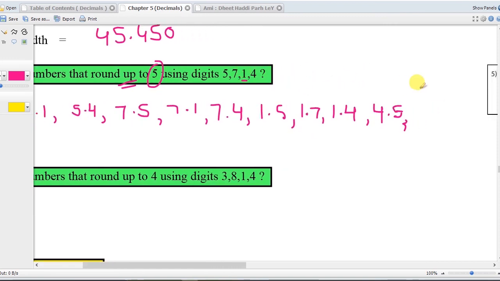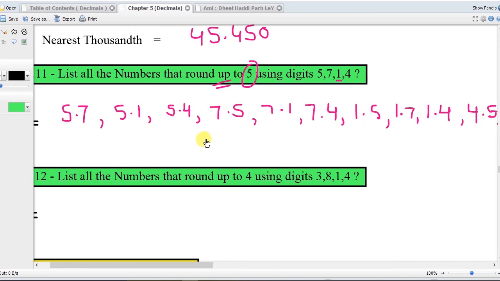Then we are having 4.7. And then we are having 4.1.